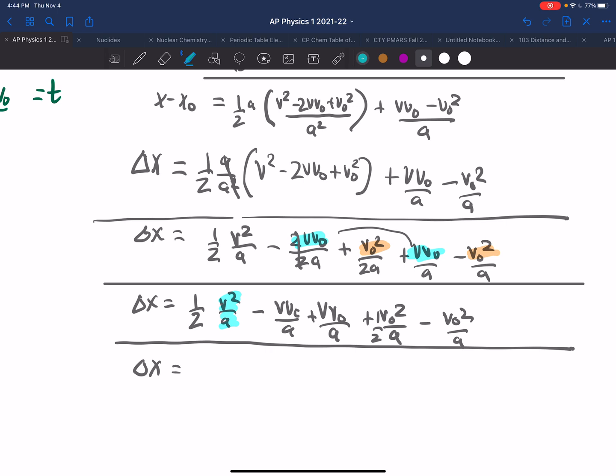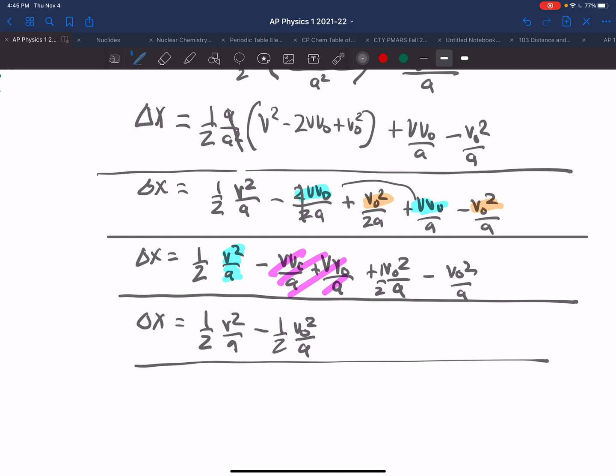So that means these two terms drop out. They add up to 0. And we have minus v0 squared and 1/2 v0 squared. So that means we're left with minus 1/2 v0 squared over a. So now we have 1/2 v squared over a minus 1/2 v0 squared over a.